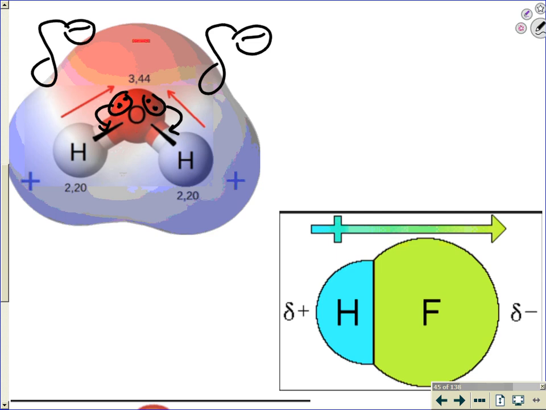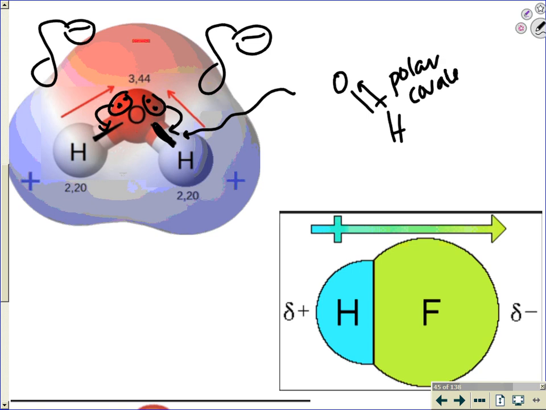Well, it doesn't want to donate, because that would be like ionic, where we're transferring. So why are the electrons in this bond closer to oxygen? Oxygen's more electronegative. So this bond between O and H is polar covalent. It has its own little dipole moment, which is what that little arrow means.